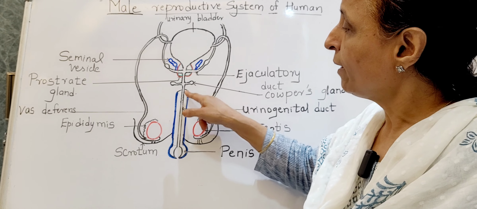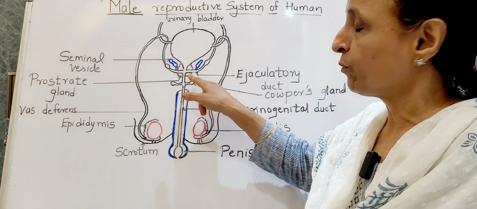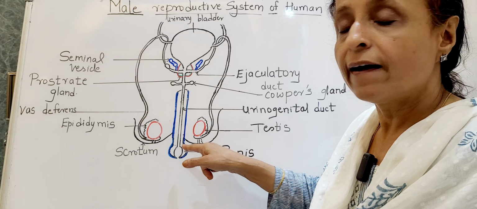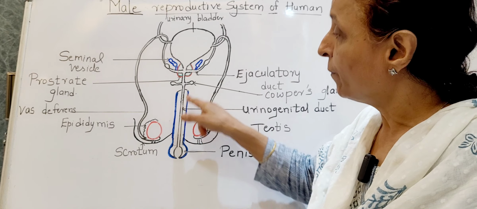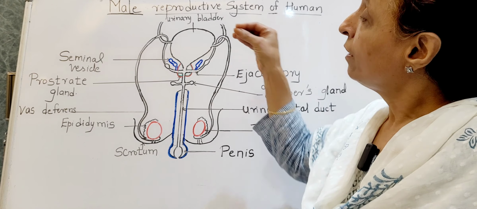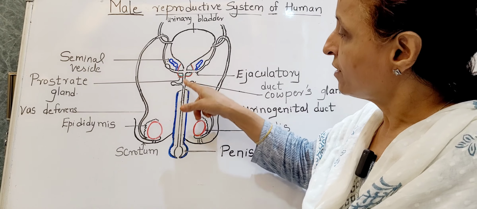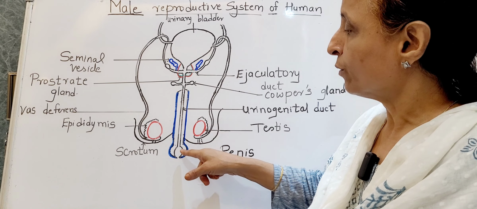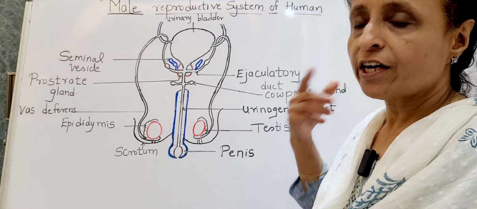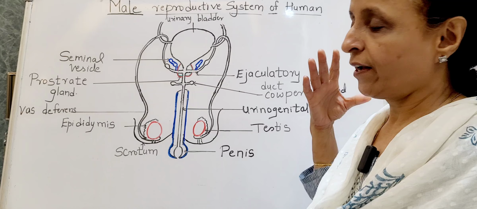There will be pre-cum which will be produced, which will clear the duct, make it alkaline and help the sperm. Semen is sperm plus all this fluid provided by these glands. The semen will come out through the penis, be ejaculated and put into the vagina.